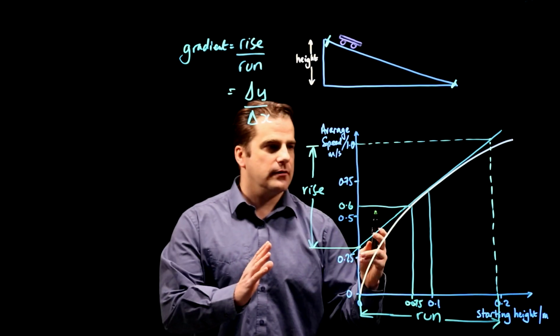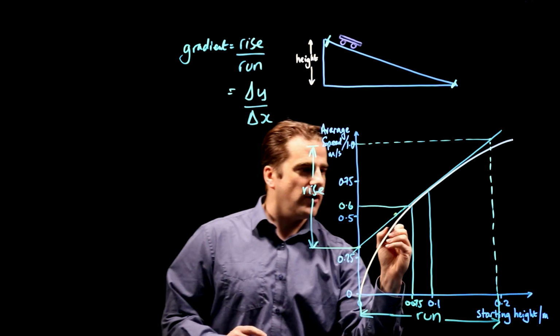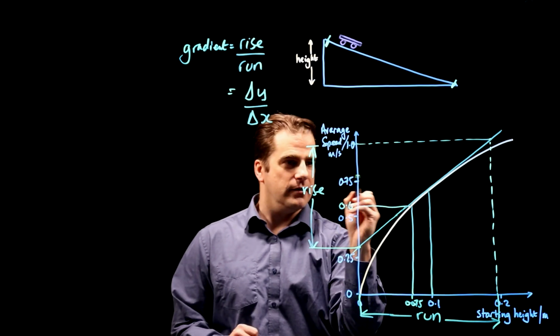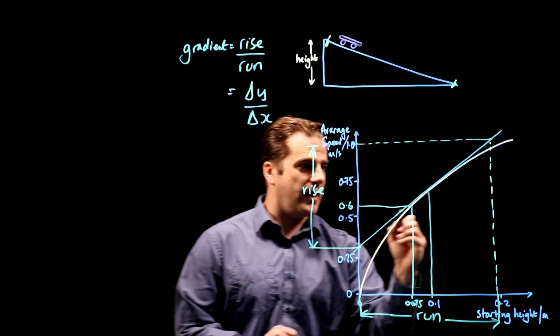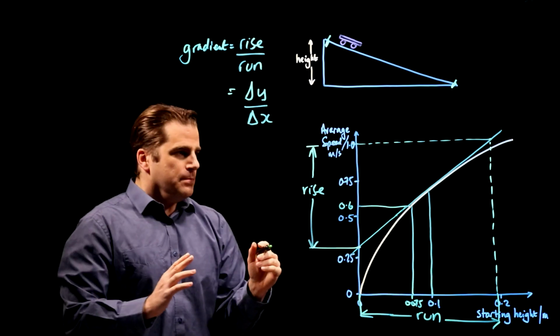Now, like I said, you could have taken a point here somewhere, maybe, and only gone up to about here, and your delta y, or rise, would be there, and your corresponding run would be much smaller as well.